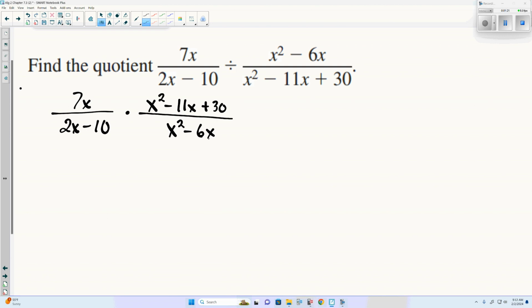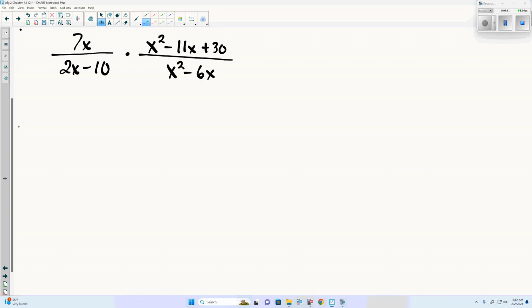Keep, change, flip. Questions on this so far? Now from here till we get to the end is exactly like we did with multiplication. Once we do the keep, change, flip, we do this exactly like multiplication.